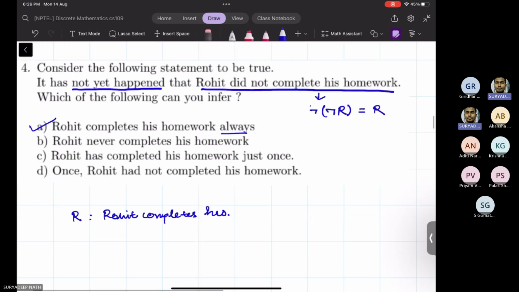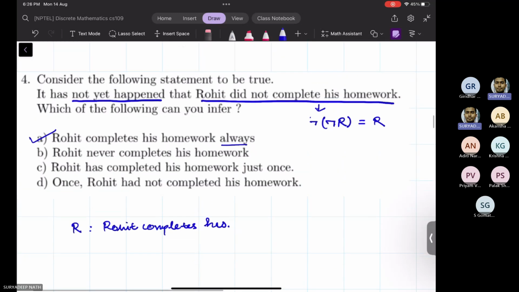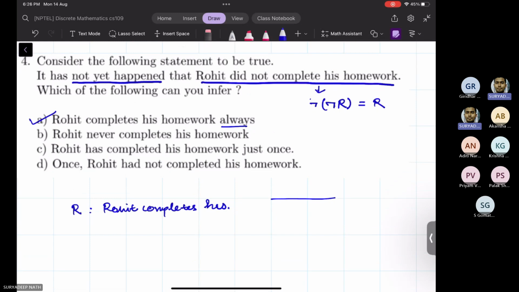You can think of this problem like this also. Another interpretation. So you have this Venn diagram. Let R be the set in which Rohit completes his homework, and this cross represents the instances when he does not complete his homework. It is said that it has never happened, that there is no instance of this cross.